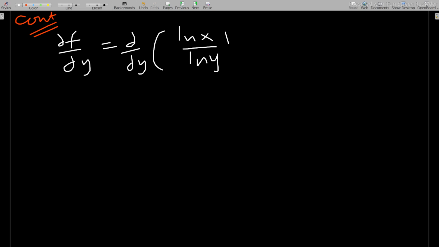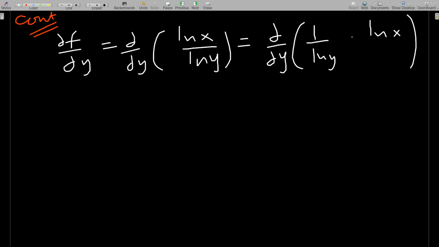And this is equal to del y of 1 over len y times len x, and here too x becomes a constant. So I can push len x out and find del y, times del y of 1 over len y.